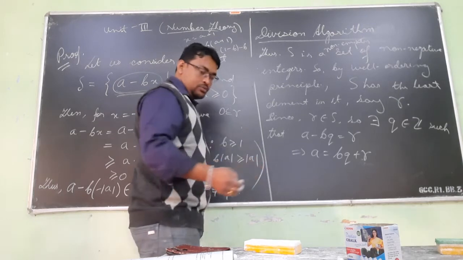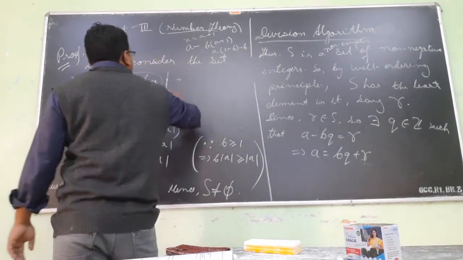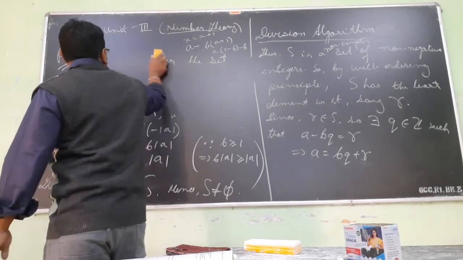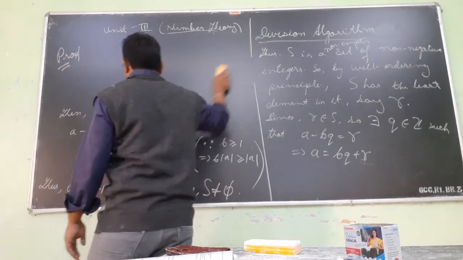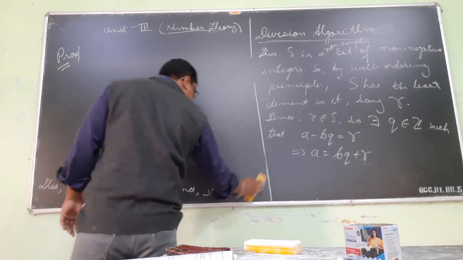So now we will see if R is strictly less than B or not. If R is not less than B, then what will happen?